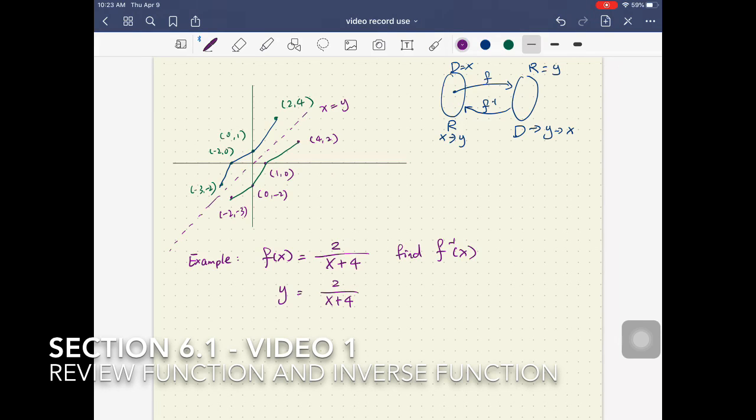Second, as I mentioned on the graph, I interchange my x and y. So y becomes x, and x becomes y. Pretty much here I already have my inverse function.